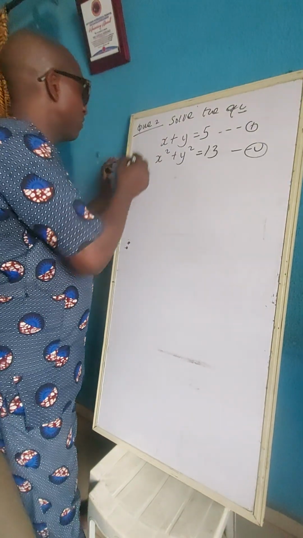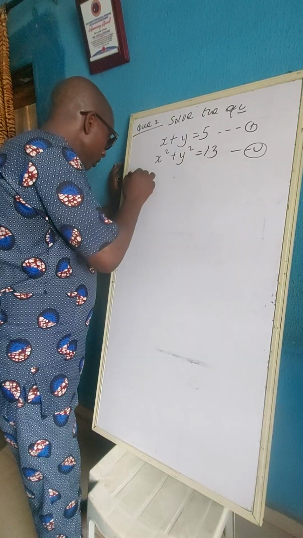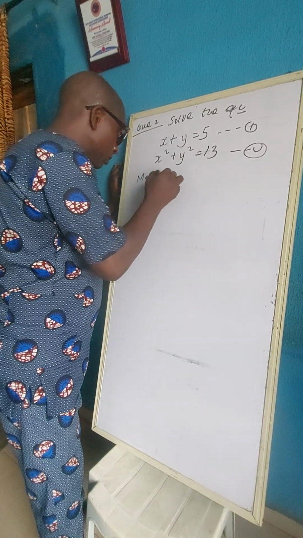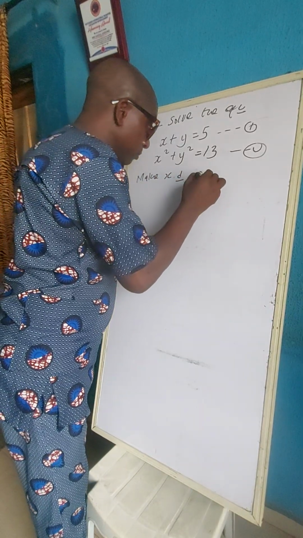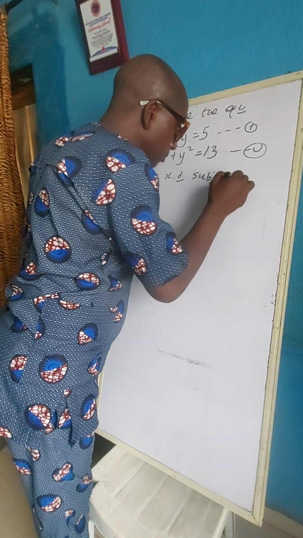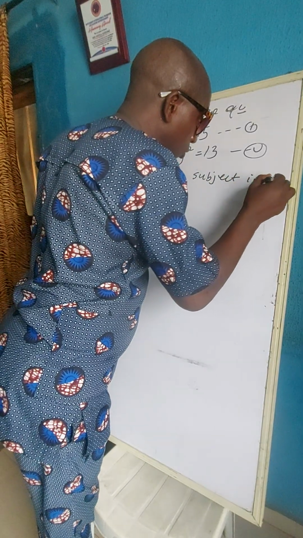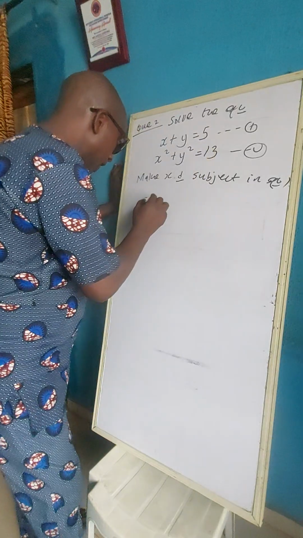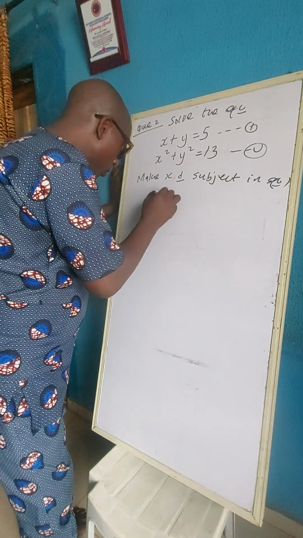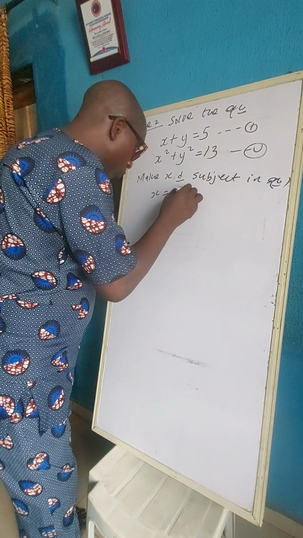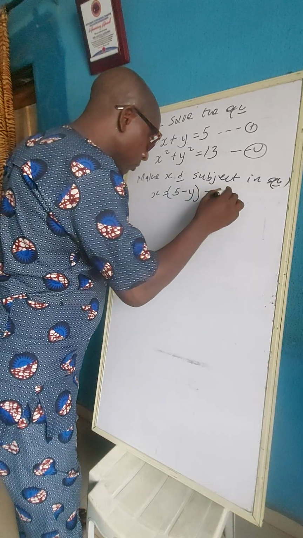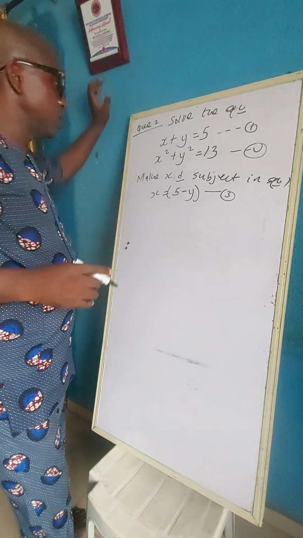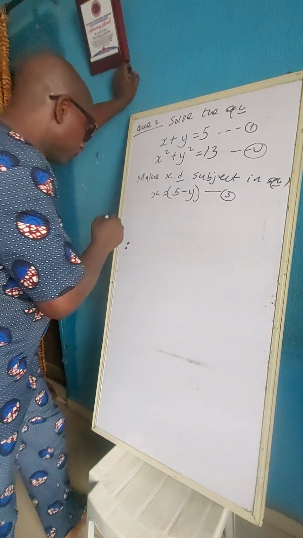Make x the subject of the formula in equation 1. x equal to 5 minus y. Equation 3. Put it into equation 2.